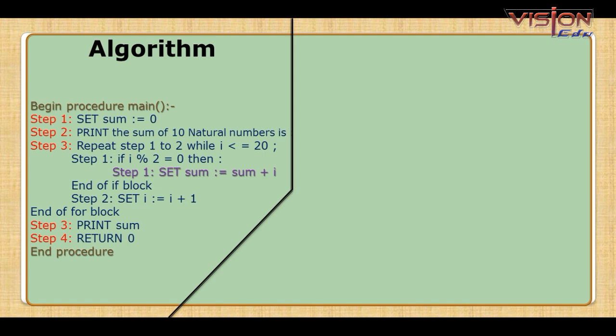So let us see what the algorithm is to execute this program. The first thing, we need to take the variable sum, and we have to assign 0 to that variable, because we store 0 initially. Why?